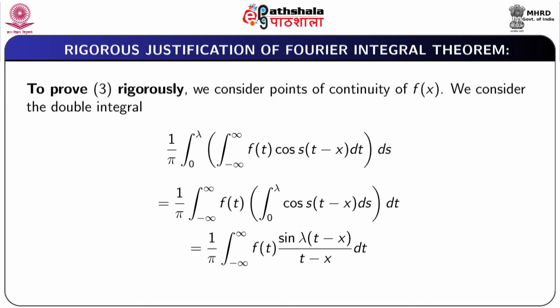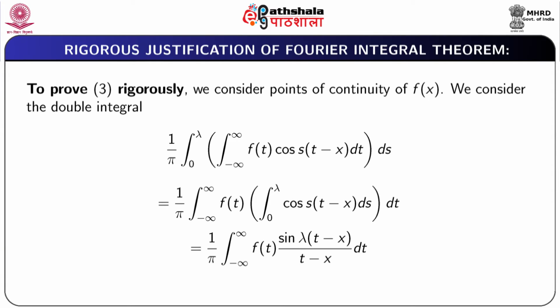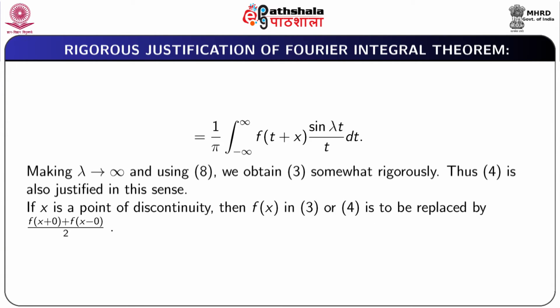Now, performing the integration for the inner integral, we see that this is equal to 1/π ∫ from −∞ to +∞ f(t) sin λ(t − x) / (t − x) dt, which is equivalent to 1/π ∫ from −∞ to +∞ f(t + x) sin λt / t dt, by taking t − x as t.